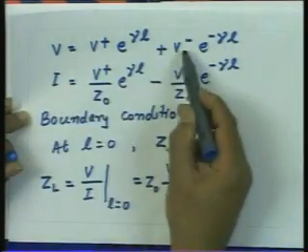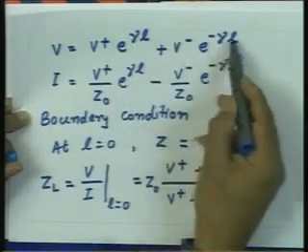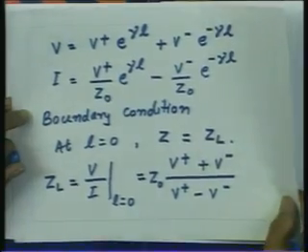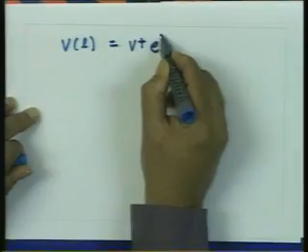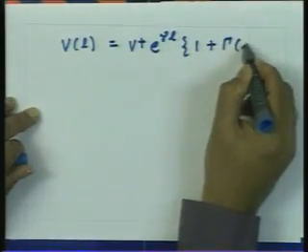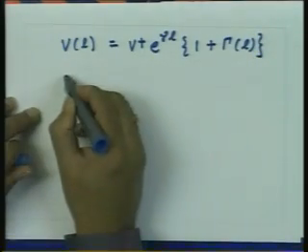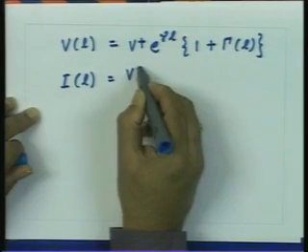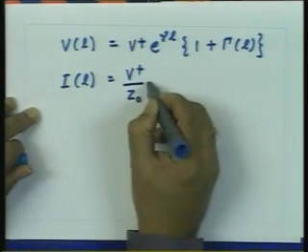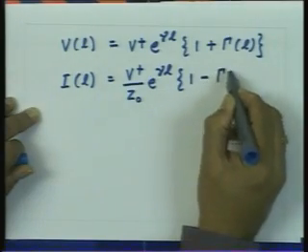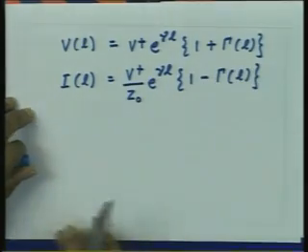So, this quantity will become V minus upon V plus, e to the power minus gamma L upon plus gamma L, that is nothing but the reflection coefficient at distance L. So, I get V of L equal to V plus e to the power gamma L into 1 plus the reflection coefficient at L, and the current at that location will be V plus divided by Z naught, e to the power gamma L, into 1 minus the reflection coefficient at distance L.